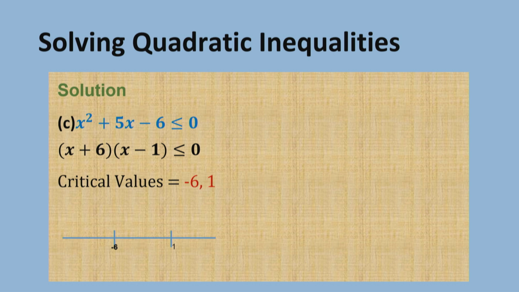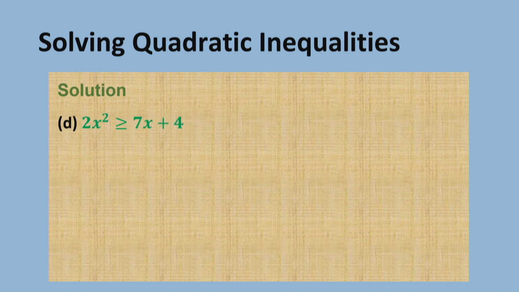Is it a minimum or a maximum? That's a minimum. So the curve is a minimum. Less than or equal to 0, we are going to take where the curve is below the line. So the range will be x greater or equal to minus 6, but less than or equal to 1.